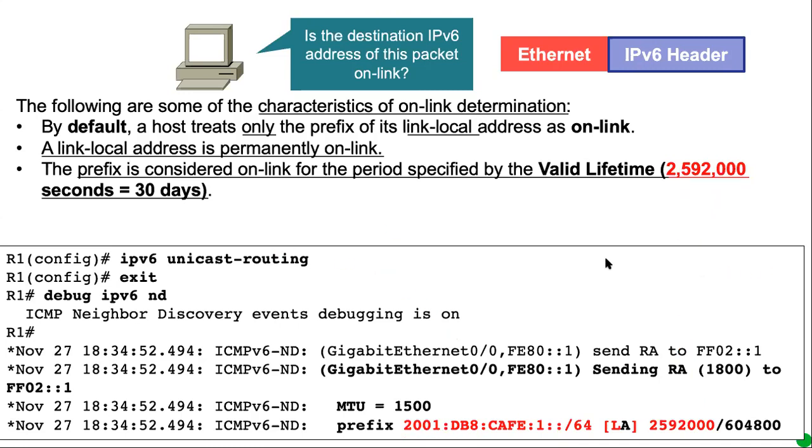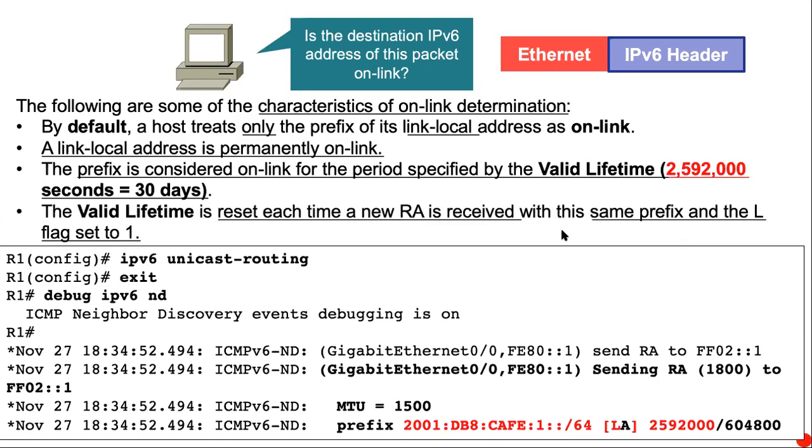And by the way, that gets refreshed every time I send you a new router advertisement that has this prefix and the L flag set to 1. That's what that L means. So L means that the L flag has been set to 1, and it's specifically, by the way, for this prefix.